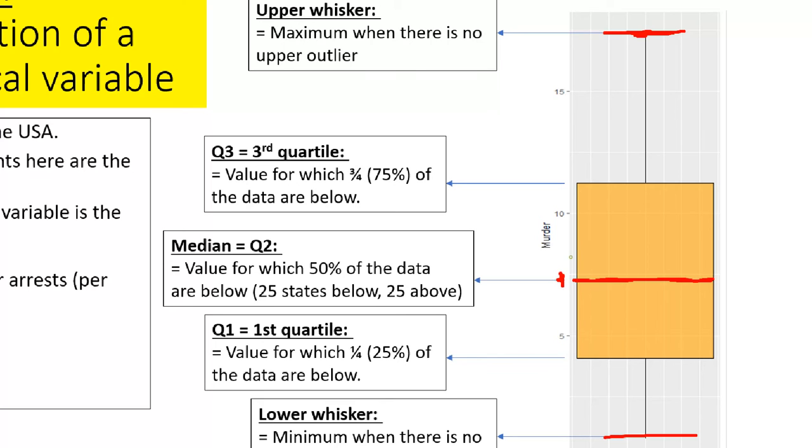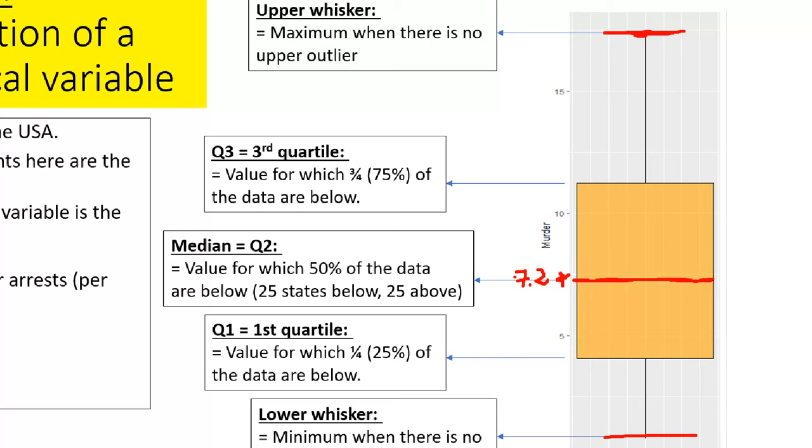So, I mean, it's not exactly the middle of the box. It's the value of the median. The median is the value for which 50% of the data are below. That is 25 states below that value, which is about 7.2, something like this, okay, 7.2. It's just to show you how the murder rate is distributed among the states.